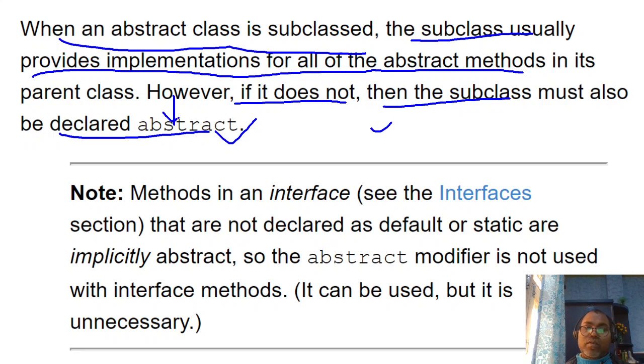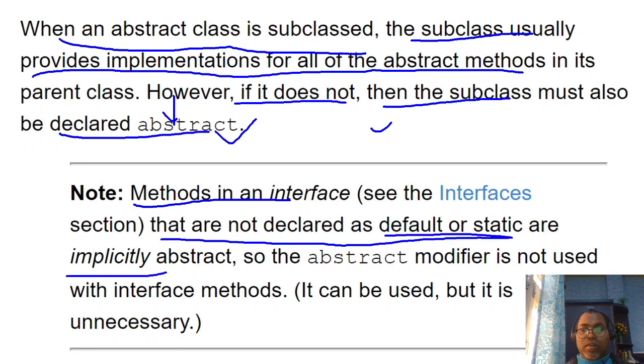A method in an interface does not need to be declared abstract, because whenever you define an instance method, it is by default abstract in the case of an interface. But in the case of an abstract class, you have to manually write the abstract keyword if you want the method definition to be provided by each subclass.